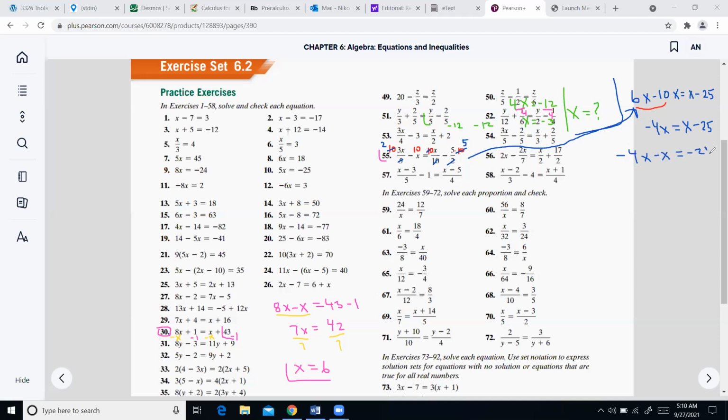So we're going to end up with negative 5x, right? Negative 5x is equal to negative 25 on the right. So x will be 5 because negative 5 times 5 is equal to negative 25. So this exercise happened to be pretty straightforward after I cleared those denominators.